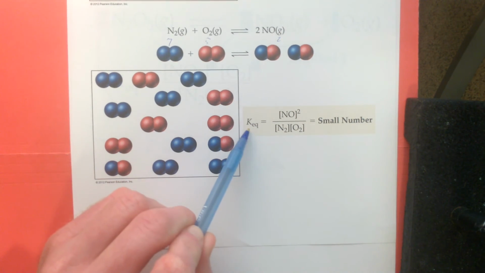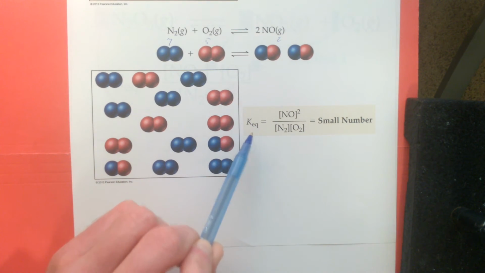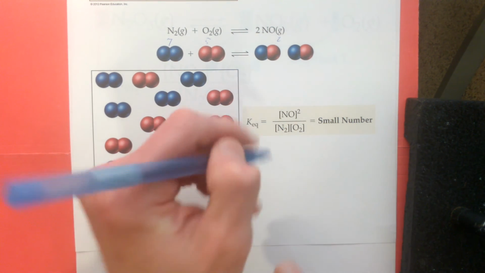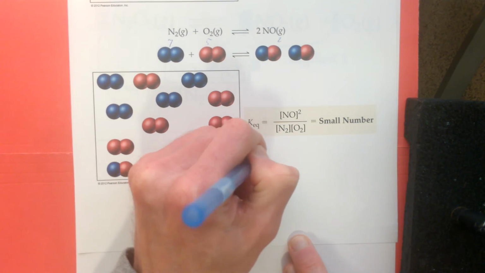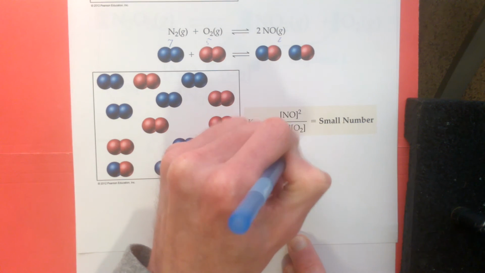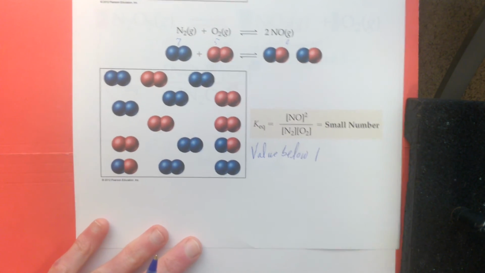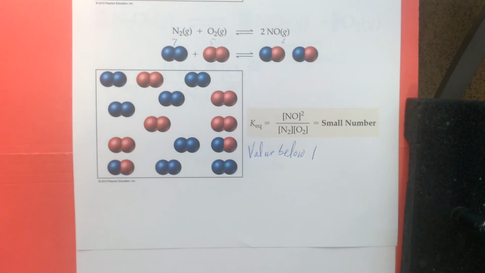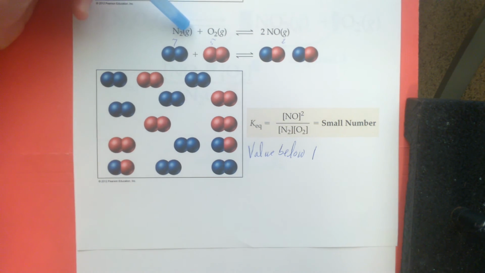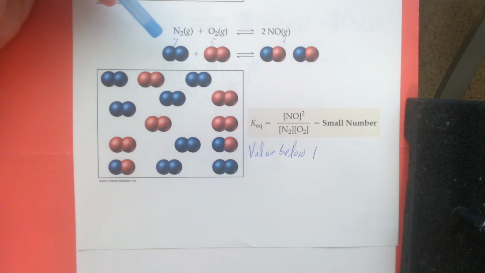If this expression gives us a numerical value that is below, or much, much below 1, that is telling us that at equilibrium, the reactant species will be the far majority of all substances present.